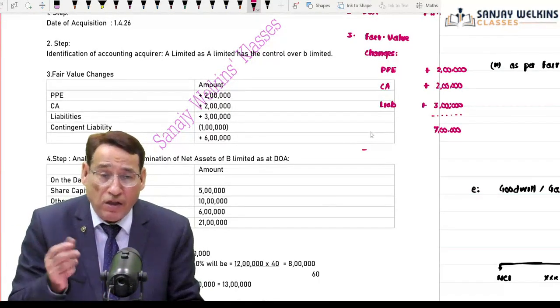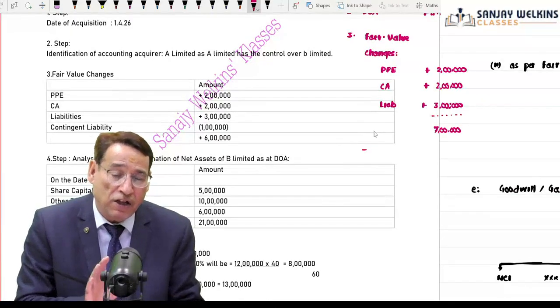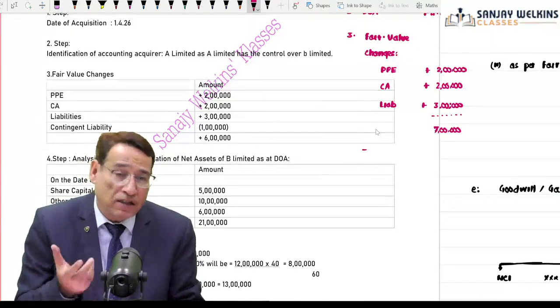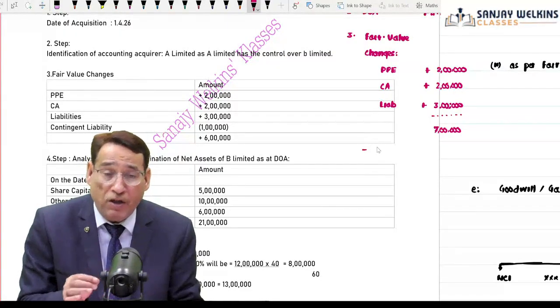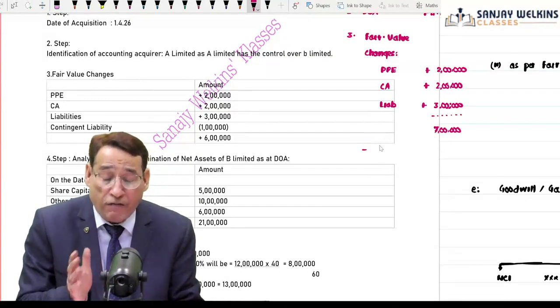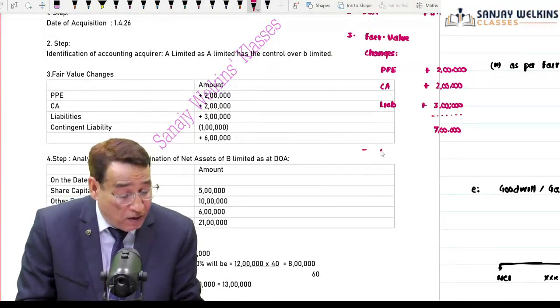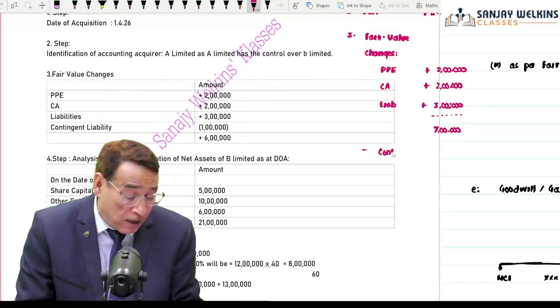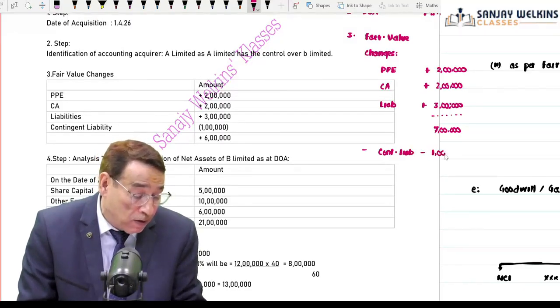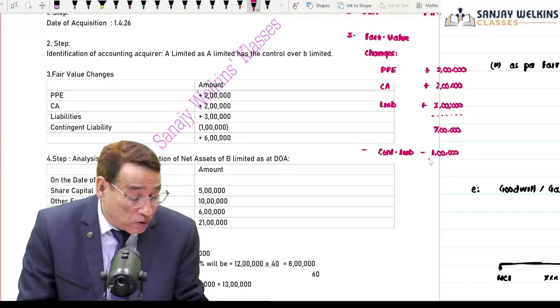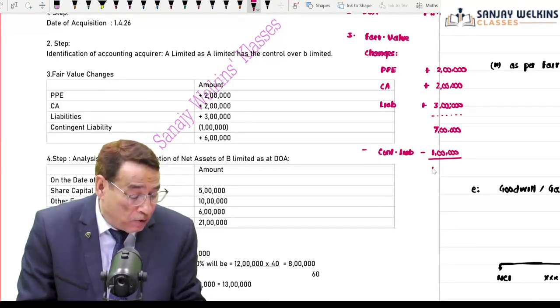But you will have to take this liability and record it at fair value. So taking over the contingent liability is a loss of 1 lakh. So the net gain on account of fair value and contingent liability is 6 lakh.